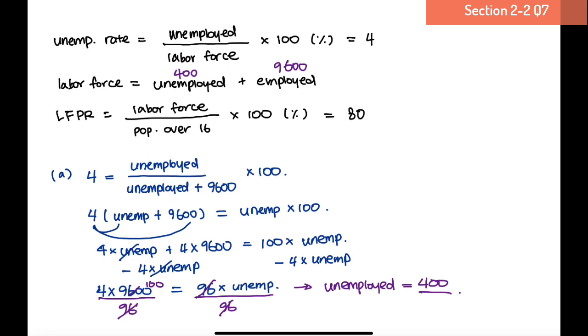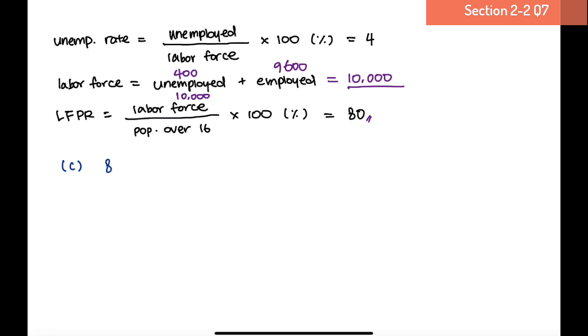Part B is pretty straightforward. We know that the number of people in the labor force is 10,000. And using this information, we can also figure out the number of working population, 16 or older, using the information that we have on the labor force and the labor force participation rate given, which was 80.